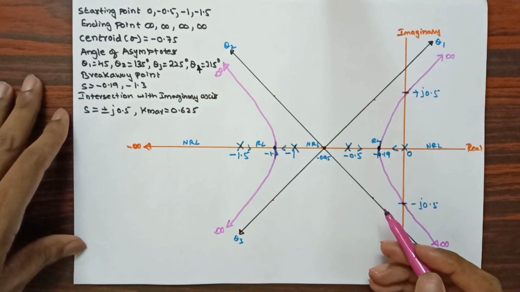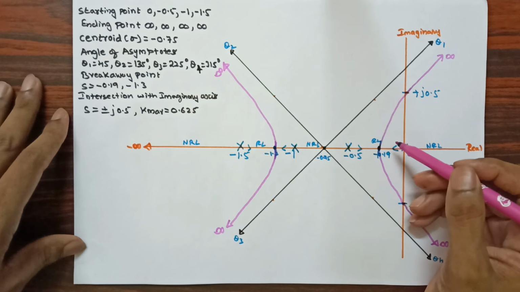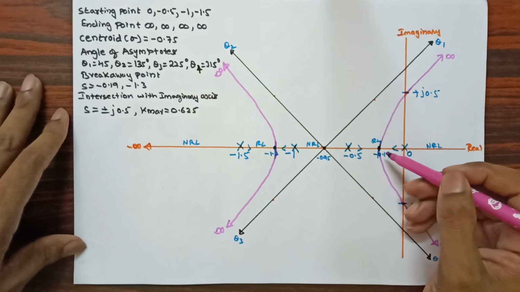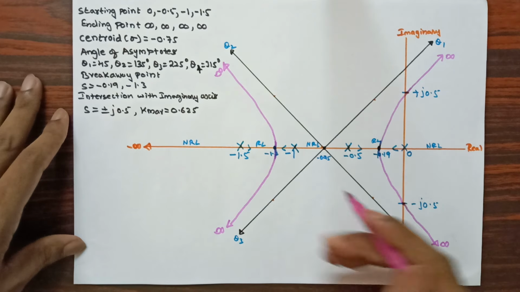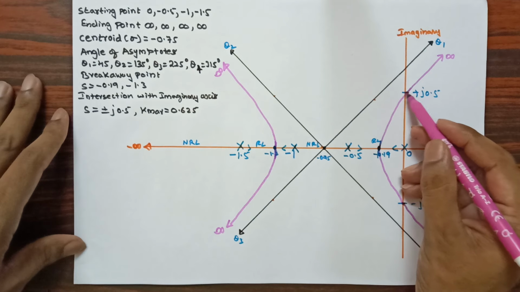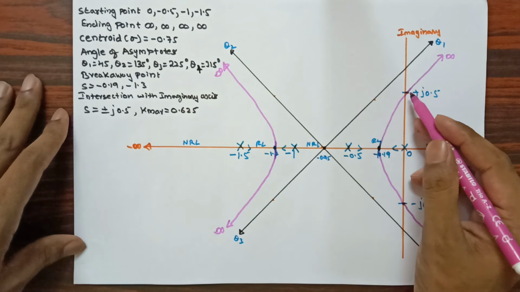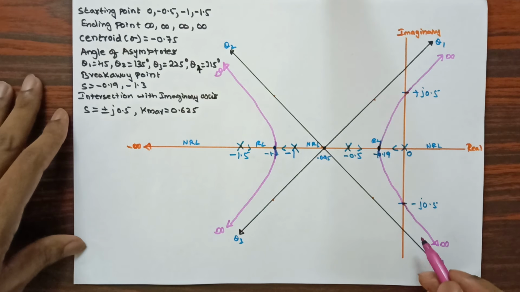In this you can see for a certain k value, that is when I give the input k equal to 0 to infinity, for certain k values the roots are on the left hand side of the S-plane, for a certain k value the roots are on the imaginary axis, and for k greater than that value, the roots are coming to the right hand side of the S-plane.